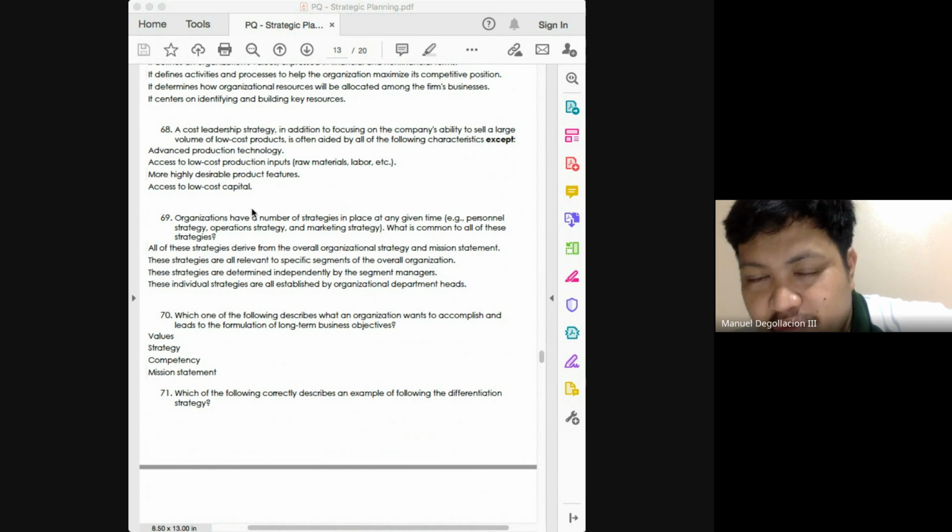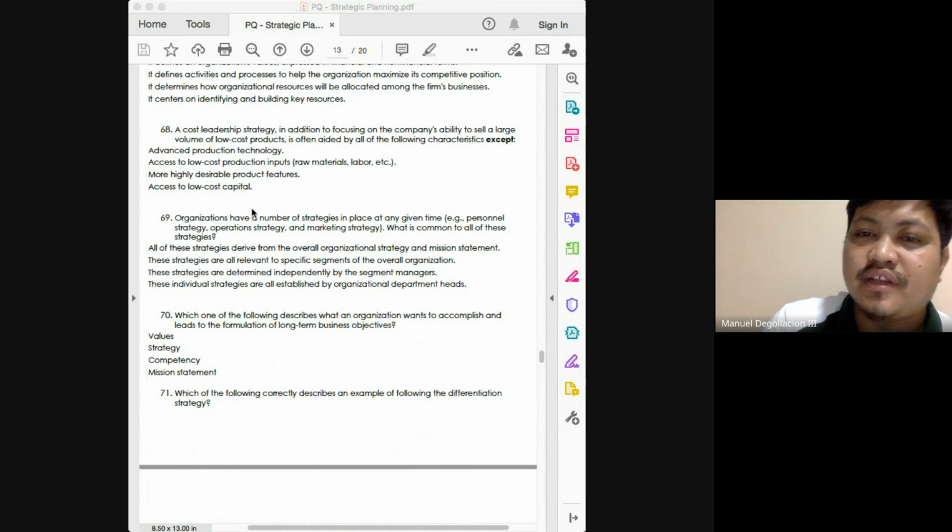You'll be able to provide low cost if there's advanced production technology. You'll be able to mass produce these low cost products, and then access to low cost production inputs, similar to the first option. More highly desirable product features. If that's the case, then you're differentiating the product already. So this would be our answer.